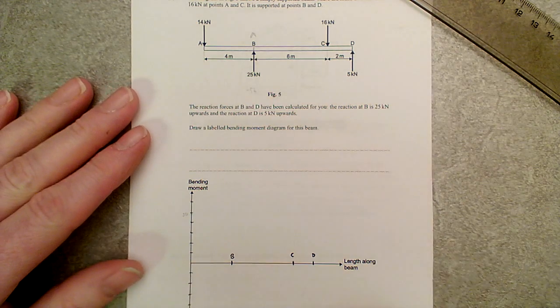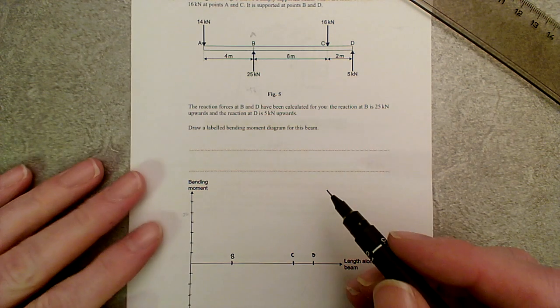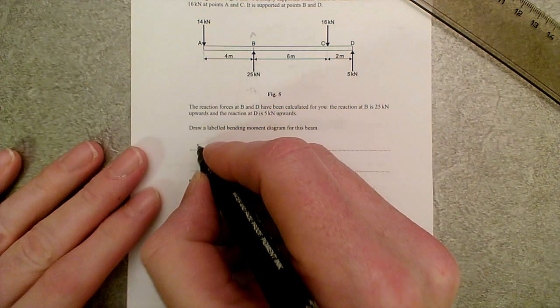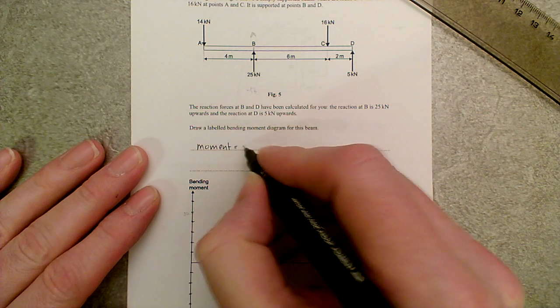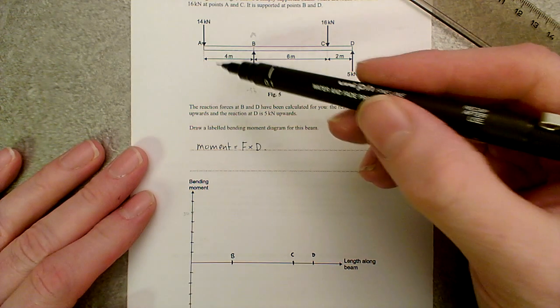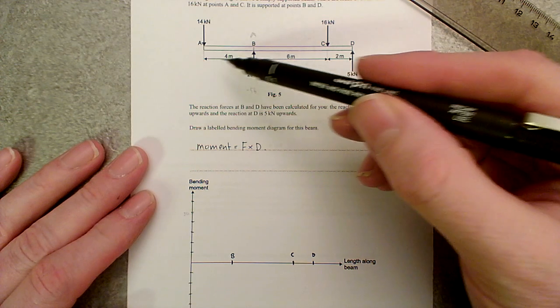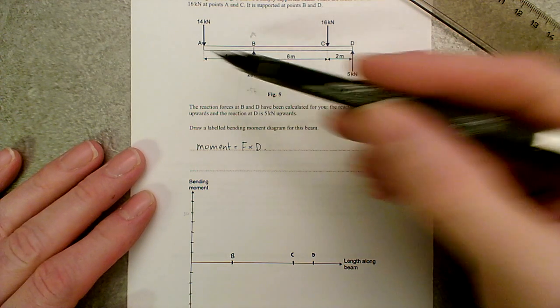How to do this then? If we remember, this is a bending moment, and a moment equals force times distance. What we're going to do is start at one side of the beam and work our way across, considering each point as we go along.